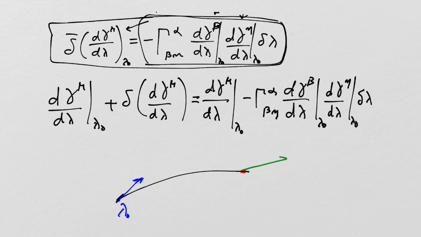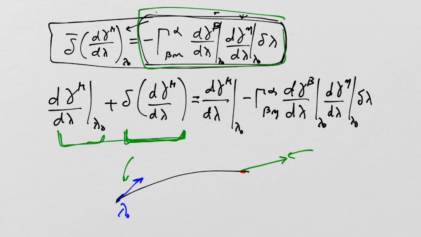This parallel transported vector has components. And the components of that parallel transported vector are the components at this point plus this difference. And this difference was defined through the connection coefficients, as long as it's a small increment. And so this expression here is an expression for the components of the green vector.